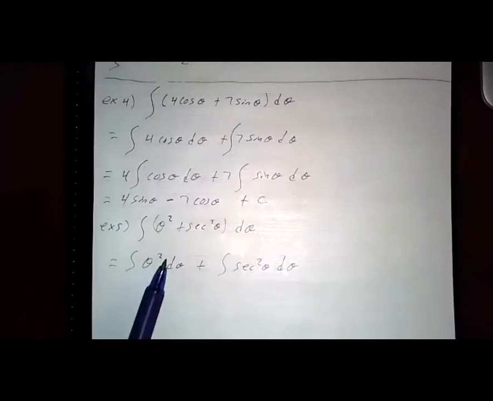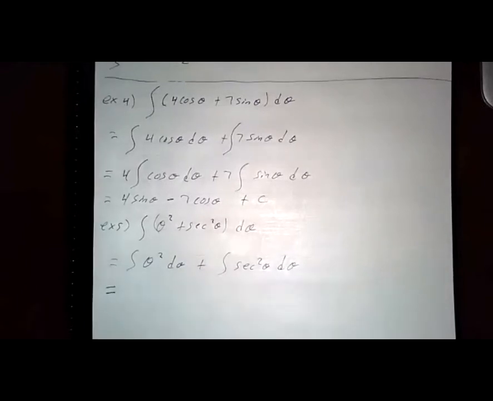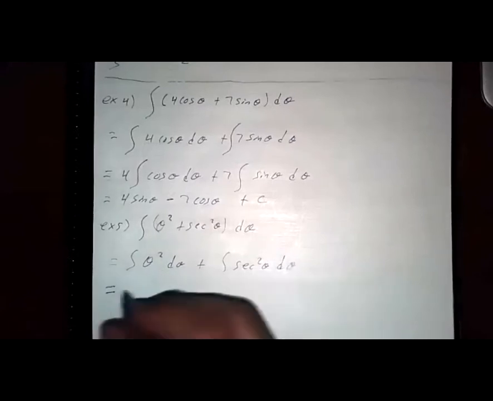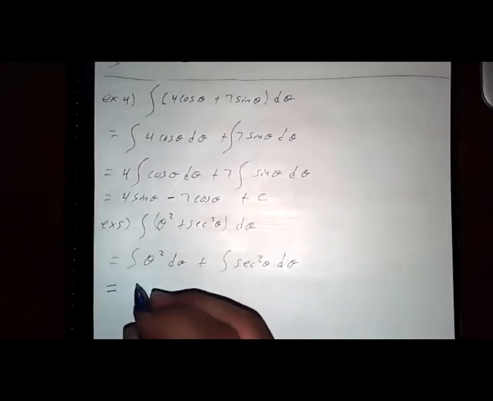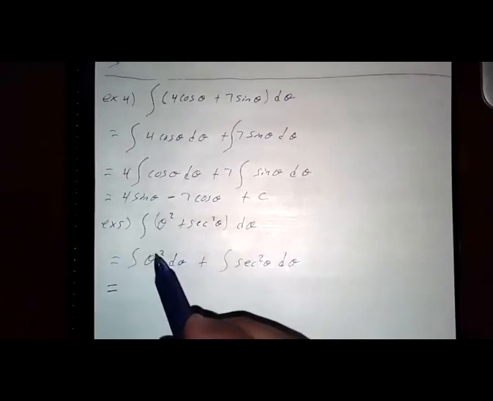The rule says to do what? What do you do with the power? Bring it to the front, I know, but that would be for derivative. What about for antiderivative? The power rule for anti.